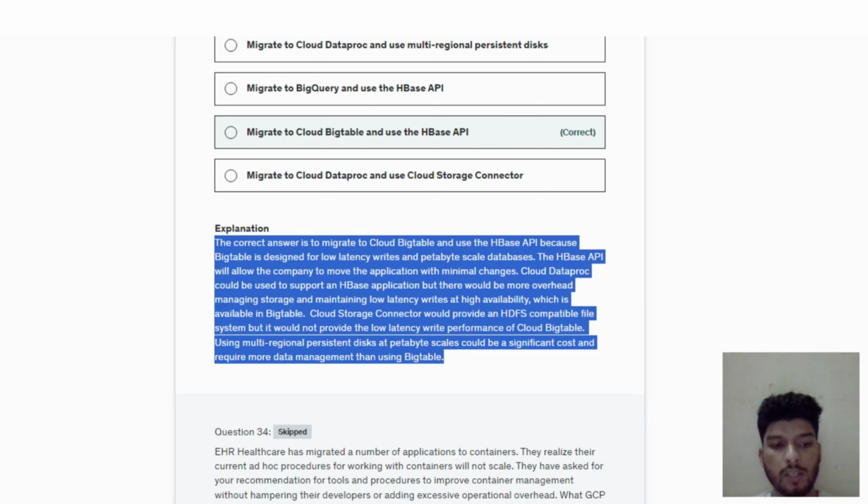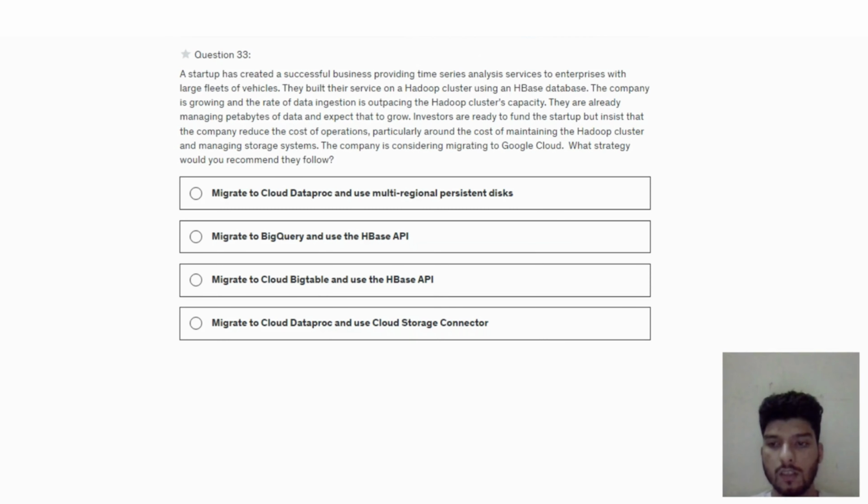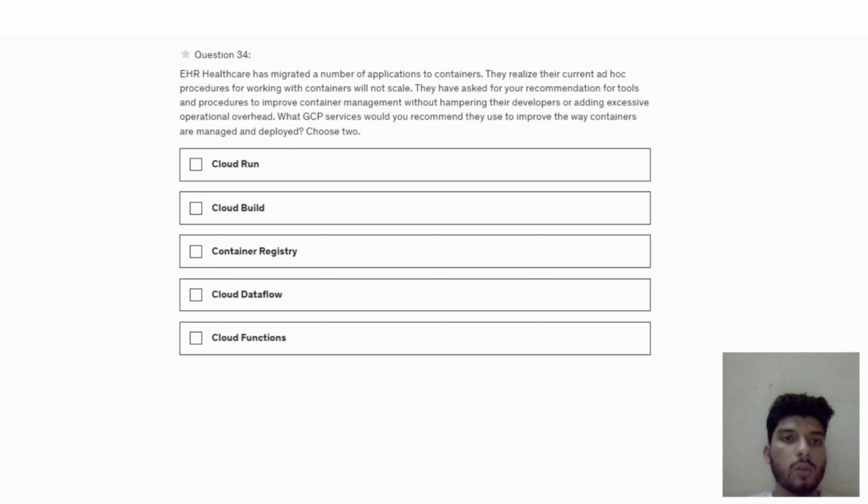And question number 34 is: EHR Healthcare has migrated a number of applications to containers, and they realized that their current ad hoc procedure for working with the containers will not scale. They have asked for your recommendation for tools and procedures to improve container management without hampering the developers or adding excessive operations overhead.